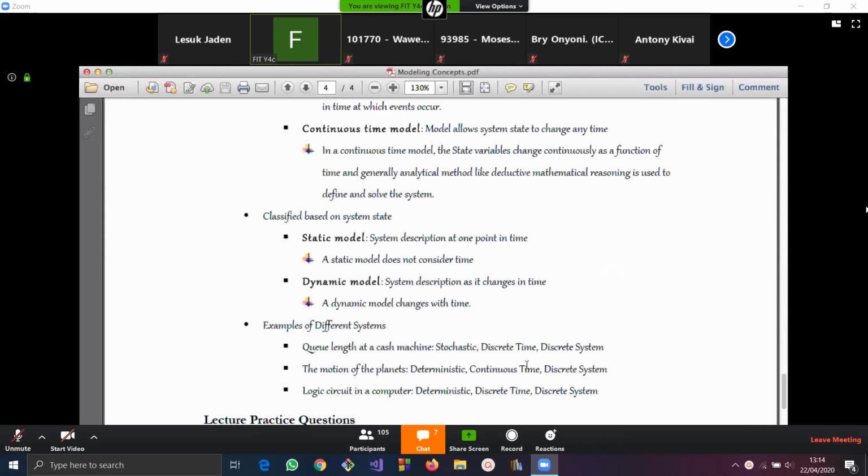It can also be continuous because of the change. If I'm looking at the planet Earth, we know it is in a particular position right now. Later on, it's going to be in another position, changing continuously. And it can almost be seen to be time varying.